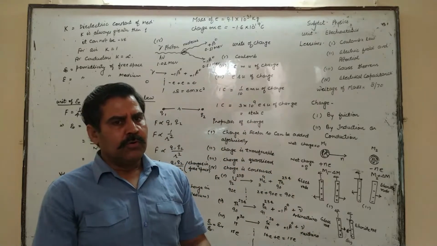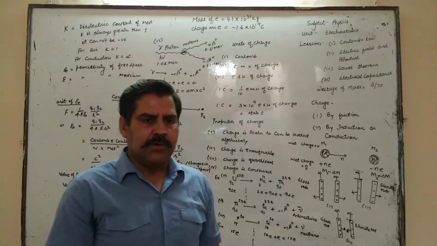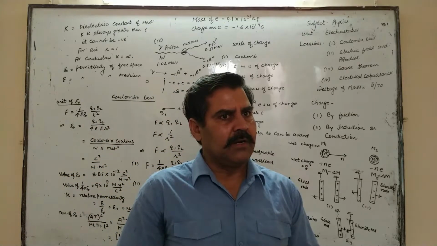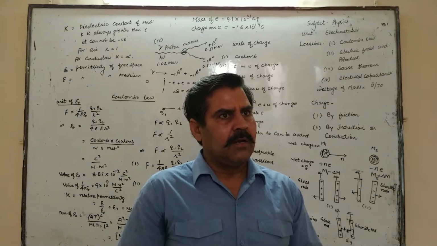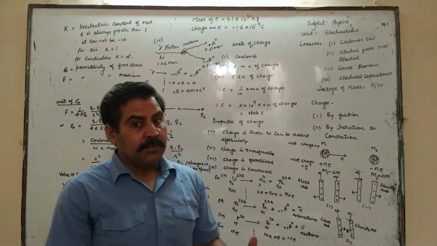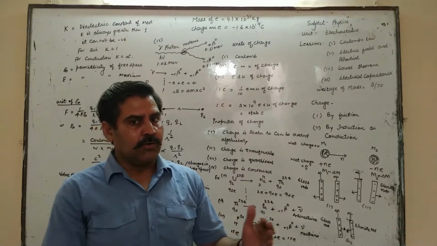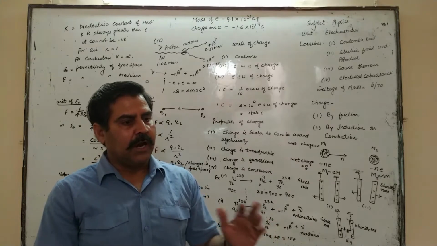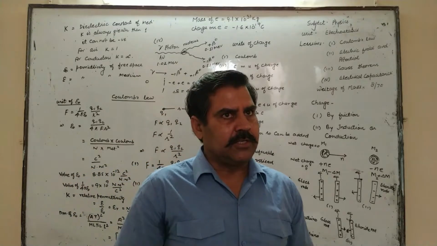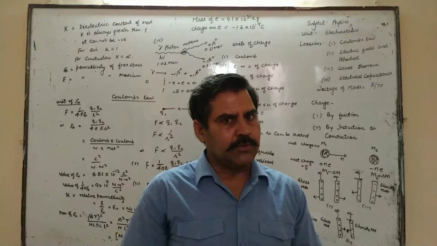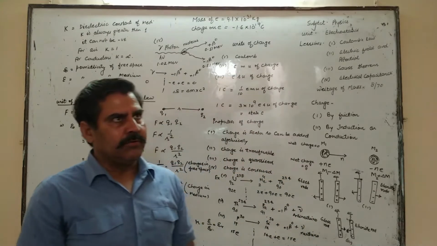I told you, when two bodies are rubbed, the charge is produced due to transfer of electrons. Half an electron cannot be transferred. Therefore, either there will be transfer of 1 electron or 2 electrons, 3 electrons and so on. So the charge developed will be plus e or minus e, plus 2e or minus 2e, plus 3e or minus 3e.